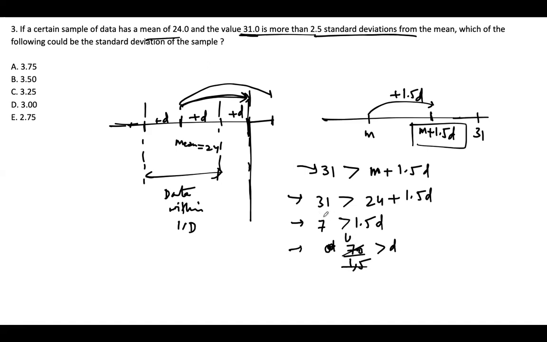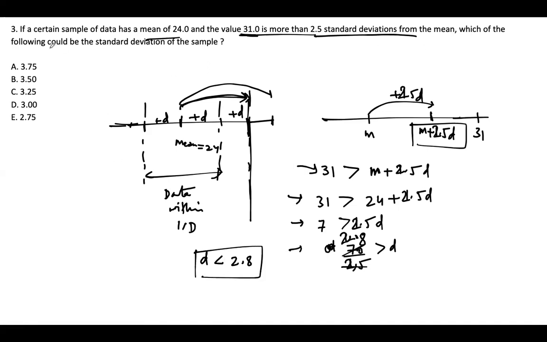Have I done it correctly? Sorry, 2.5 standard deviations. So this is 70 by 25. 25 twos are 50. 25 eights are 200. So the final value comes out to be d should be lesser than 2.8.